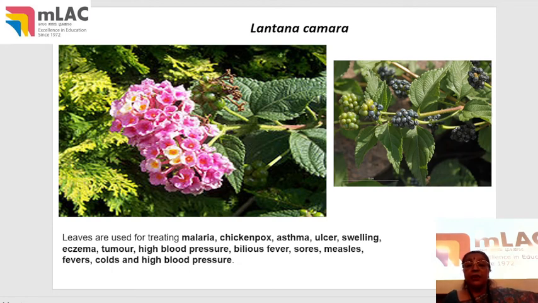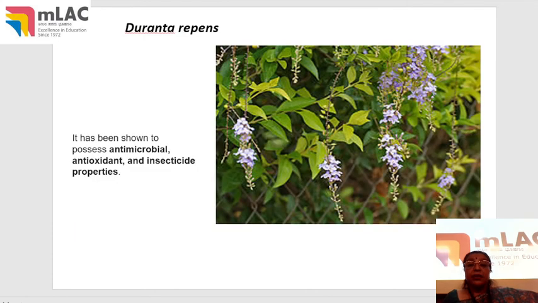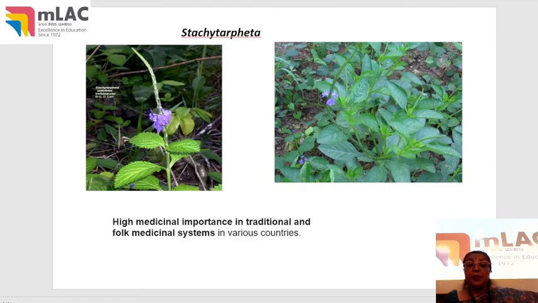Similarly, Lantana camara, which is again a weed, is used for various treatments such as malaria, chickenpox, asthma, ulcer, swellings, and eczema and other diseases. Duranta repens, which is considered a hedge plant, also has antimicrobial, antioxidant, and insecticidal properties.